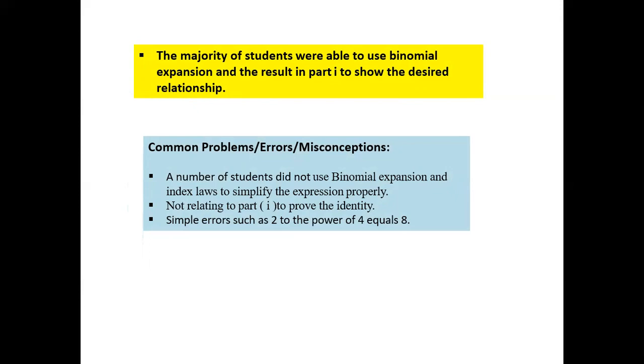They just wrote it without realizing what to do with the index laws, or misused the index laws. And also they should relate to part 1. That would be useful and makes it easy to prove the identity. The simple error we found is 2 to the power of 4 equals 8 rather than 16.